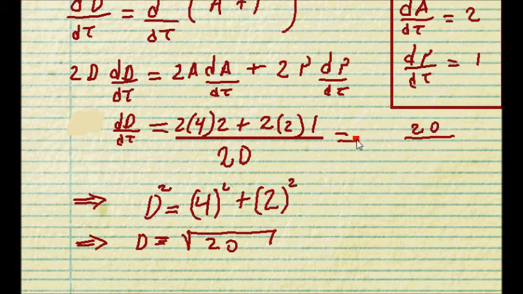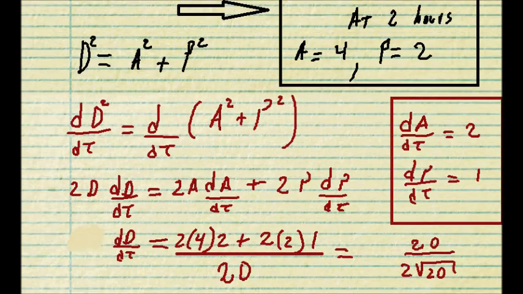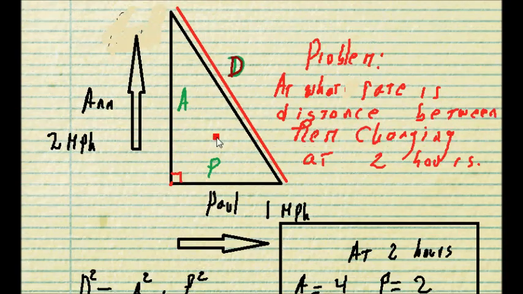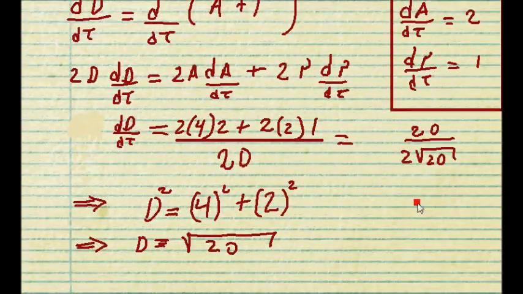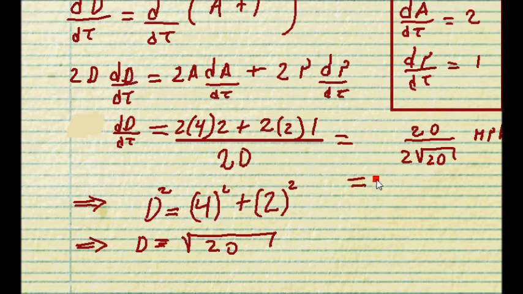If I simplify, the rate of change of the direct distance between Anne and Paul at exactly 2 hours is equal to this. And so this is miles per hour. I can simplify this further for aesthetic reasons. This is just going to become 10 over the square root of 20.